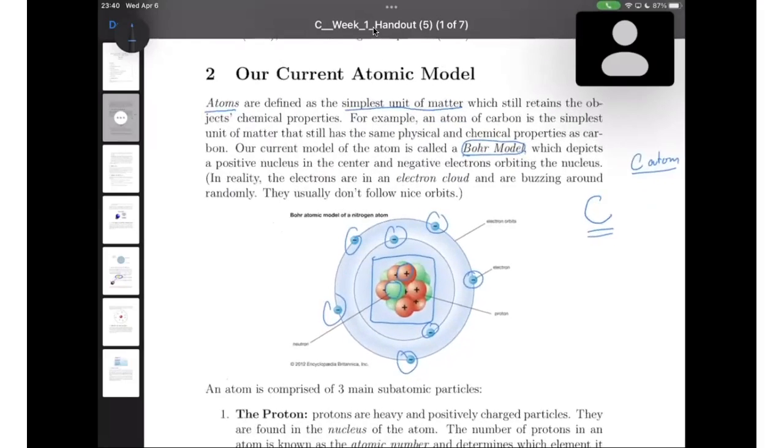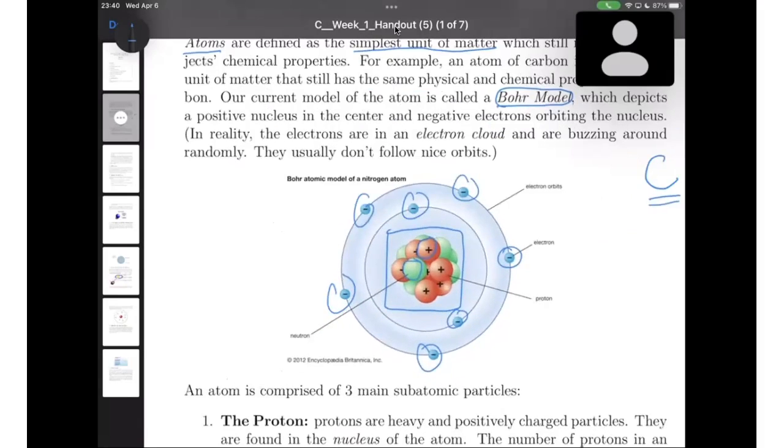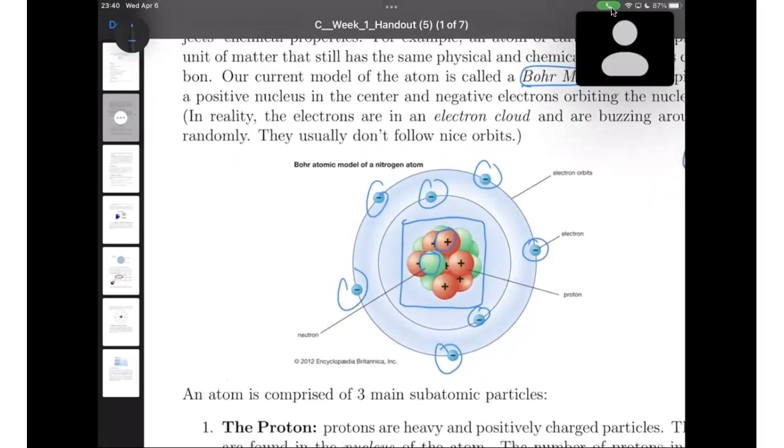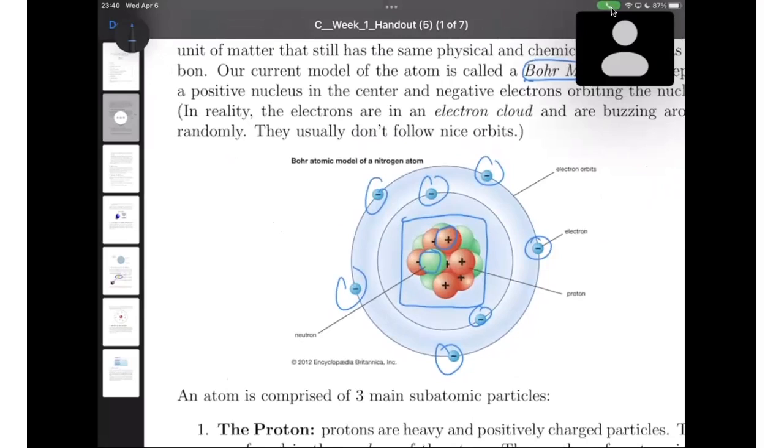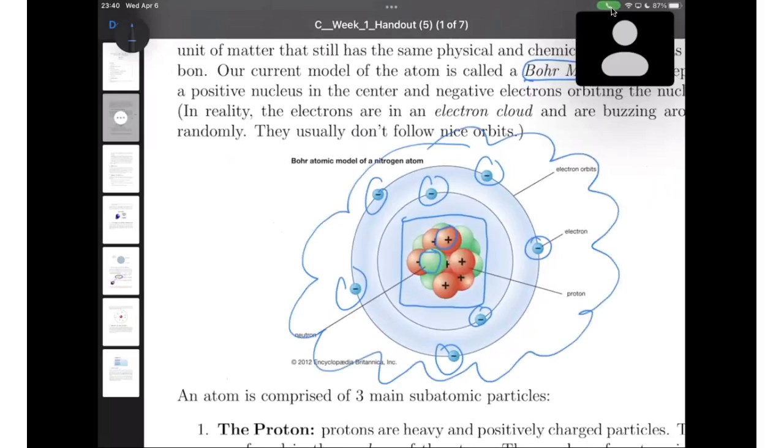Now, in reality, like I said, the Bohr model is just a simplified version of the actual atom. In reality, an atom is much more complicated in the sense that these electrons don't follow strict orbits. They're actually in a big region surrounding the nucleus called the electron cloud, and these electrons are buzzing around everywhere within this cloud.